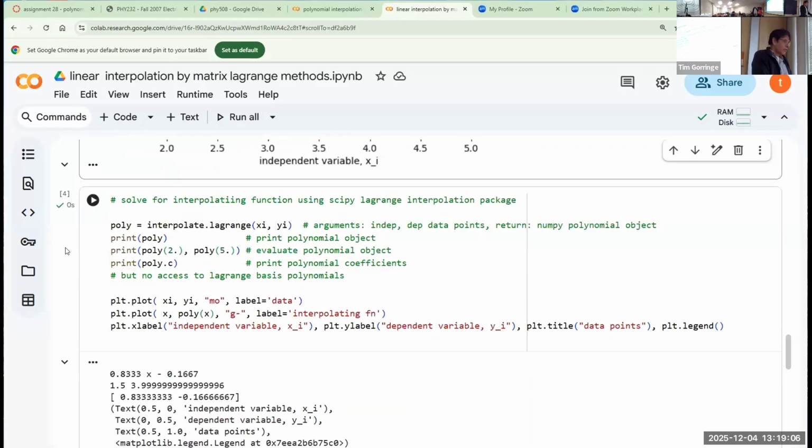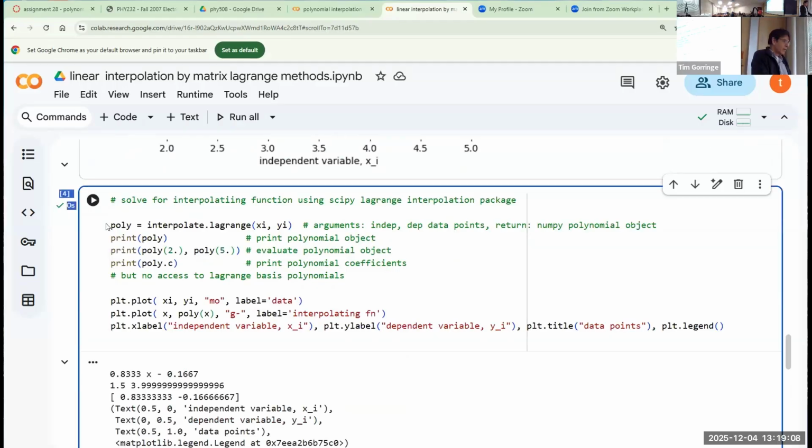I also wanted to show you in this cell, you won't be surprised, that in the various packages in NumPy and SciPy, there are interpolating packages. There's a package interpolate, and in there's a function Lagrange, and you can call that function.